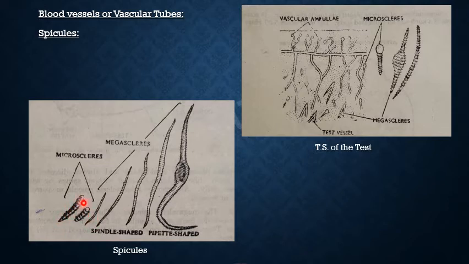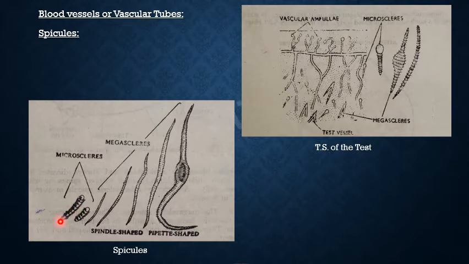So this is the construction of a spicule, and shape and size I've already discussed. Now there's one more thing, the number of plates of which these spicules are formed. So the microscleras are just formed of 5 to 20 rings.